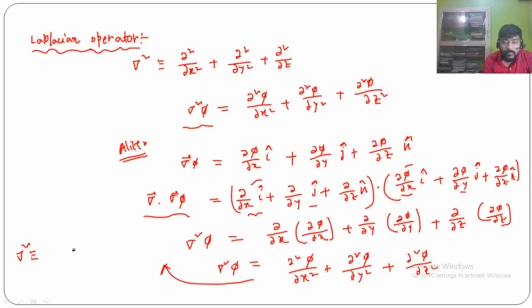So from here you can define del square as del 2 del x2 plus del 2 del y2 plus del 2 del z2.